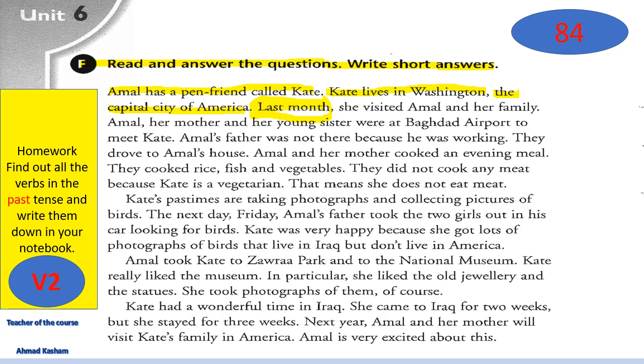Last month, she visited Amal and her family. Amal, her mother, and her younger sister were at Baghdad airport to meet Kate. Amal's father was not there because he was working.